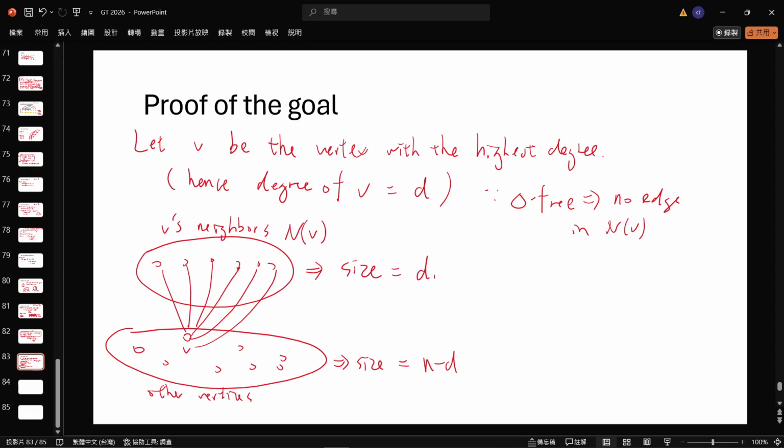This also means that if there's no edge in this set, then every edge has at least one endpoint in the other set. In other words, every edge in the graph is incident to this set.